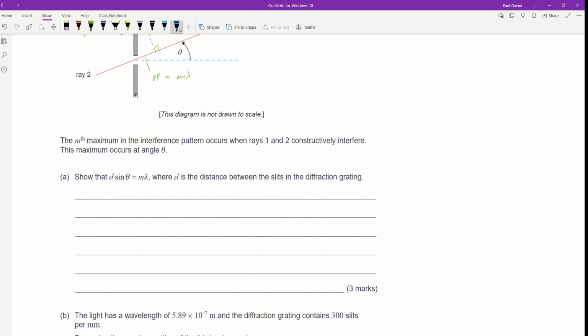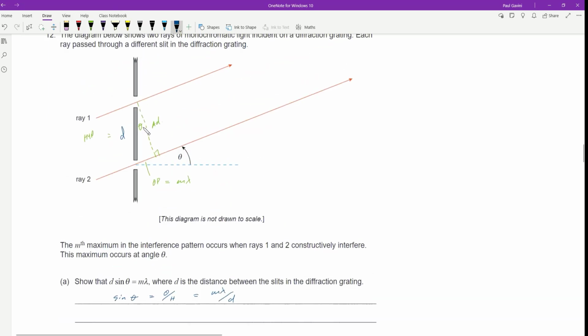Sine of theta is equal to opposite over hypotenuse. Now the opposite side was equal to m times wavelength. I can still see it up here. And the hypotenuse was the distance between the slits.